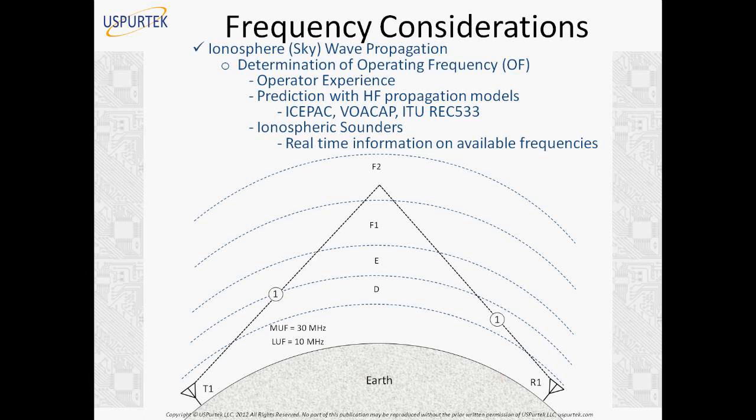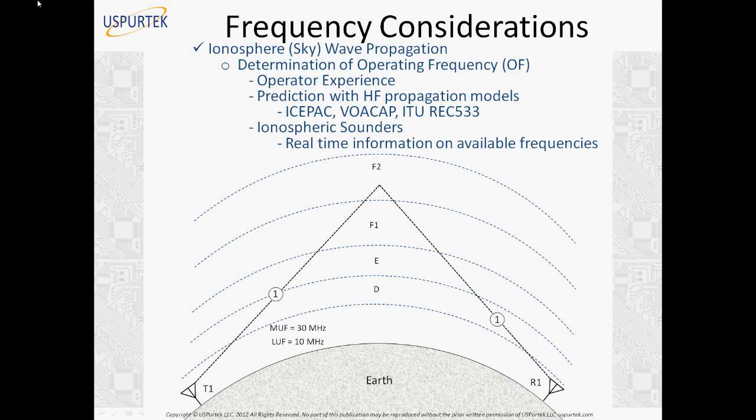However, there are some general models also which are used, like ISPAC, VOCAP, and ITU also has some recommendations. If you go to the ITU website, they will recommend some mathematical models which can be used to predict your operating frequency. The other way is to find out experimentally, using ionospheric sounders, which give real-time information on available frequencies.